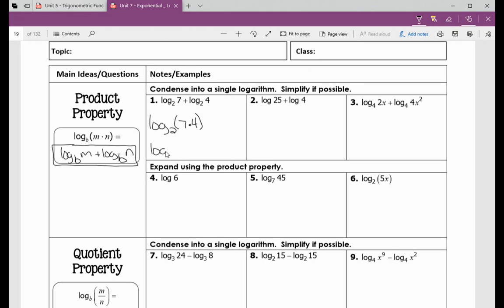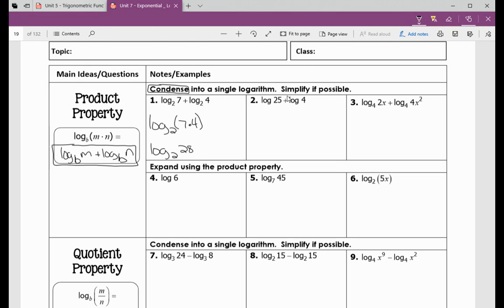Our final answer would be log base 2 of 28. So that is what it means when they ask you to condense into a single logarithm. You have multiple logarithms and you're trying to use these properties to condense it into a single logarithm.